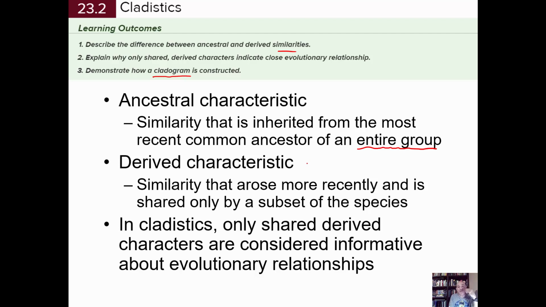So here, the ancestral character would be the backbone, whereas the derived character would be hair, only seen in a subgroup of that larger group that you're studying. In cladistics, guys, only shared derived characters are the ones important that show these close evolutionary relationships.